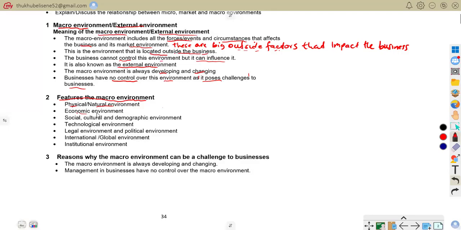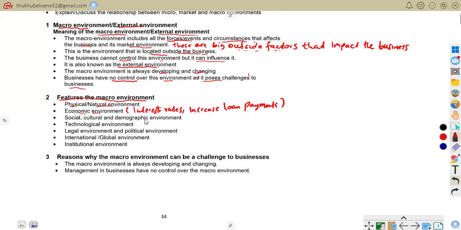Next is the economic environment. With the economic environment, you're talking about interest rates and inflation.